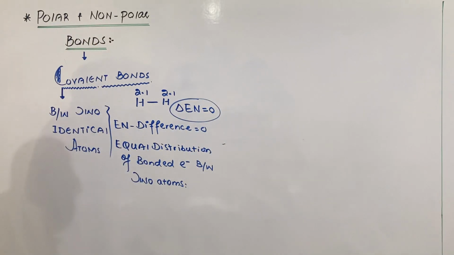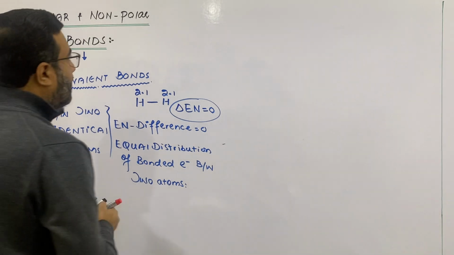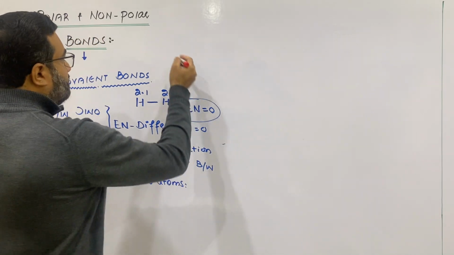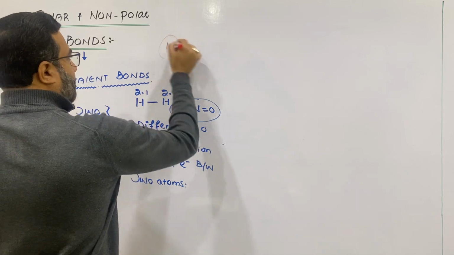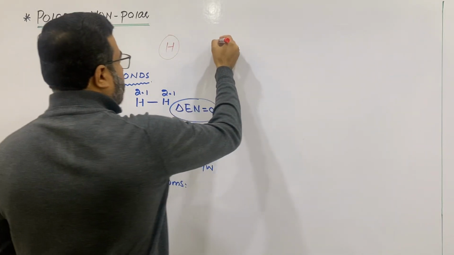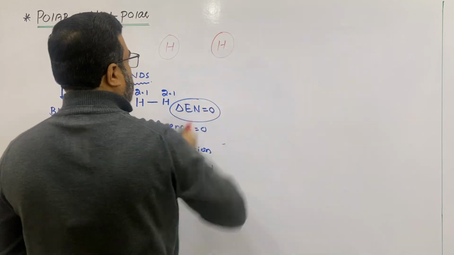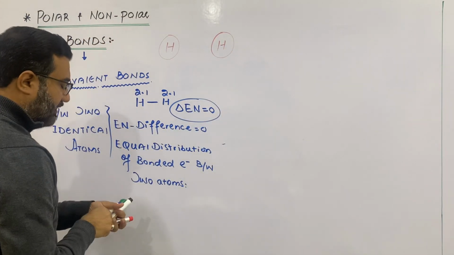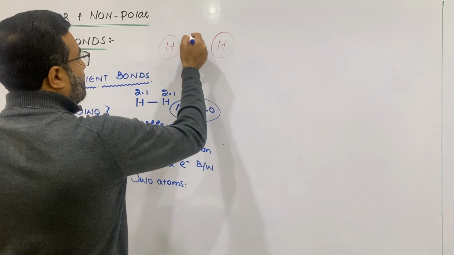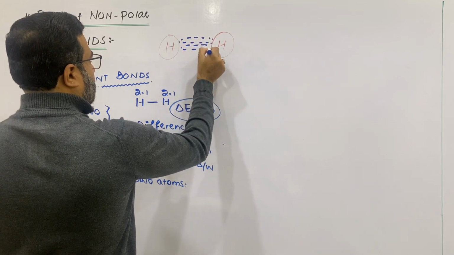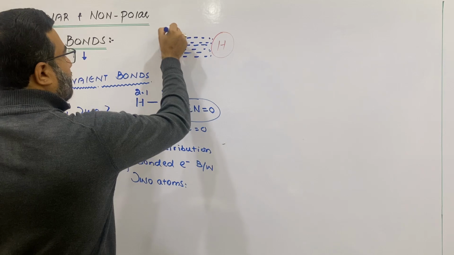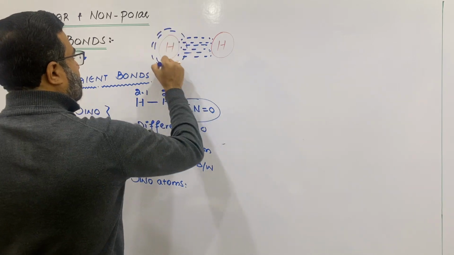And when the difference of electronegativity is 0, it means the electronic density will be equally divided between two hydrogen atoms, and the molecular orbitals of both these hydrogen atoms will have equal electron density.